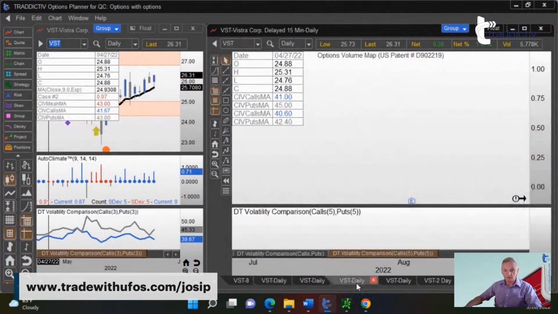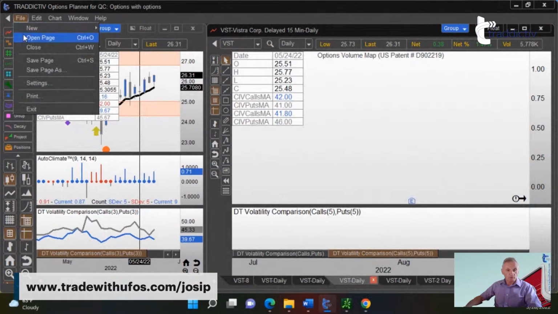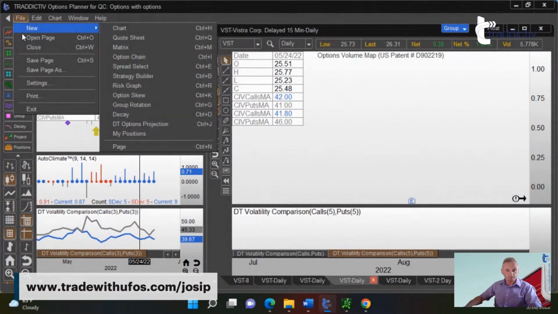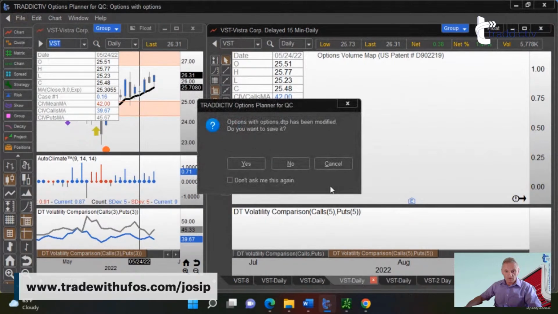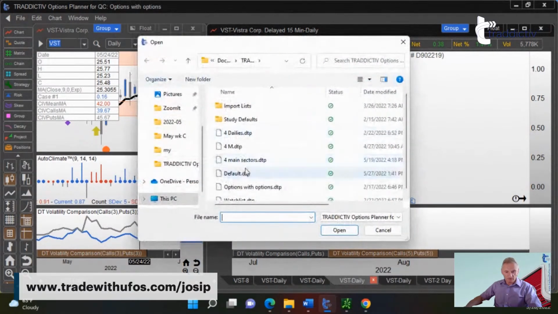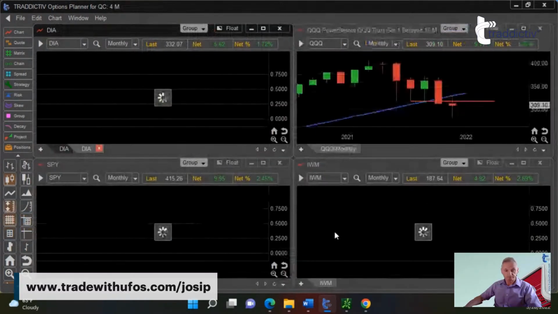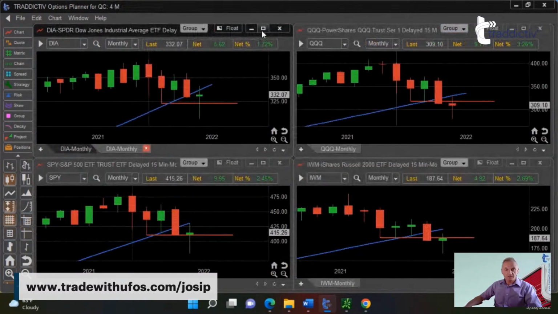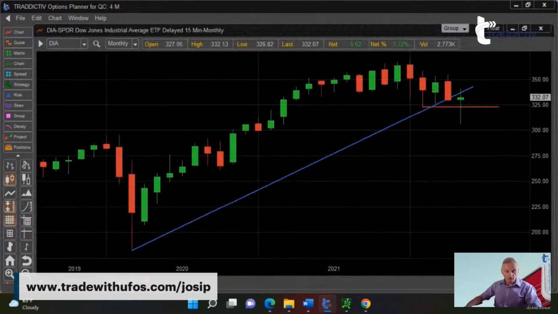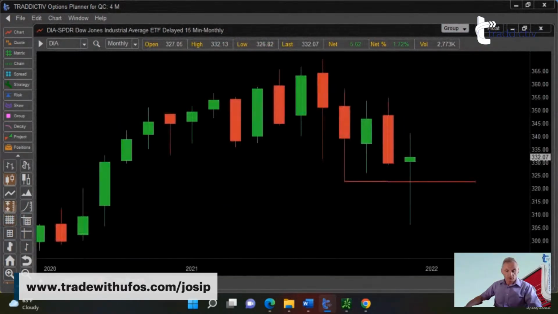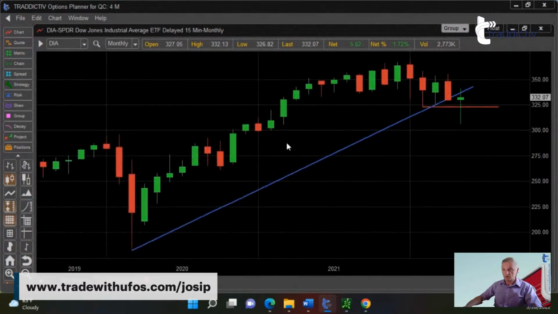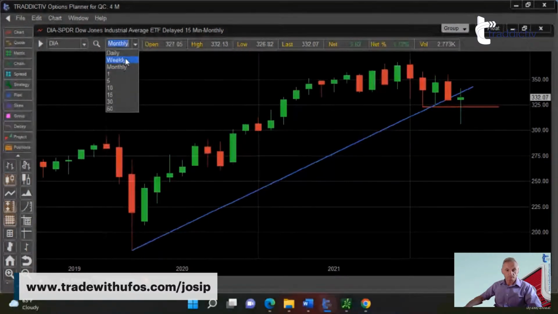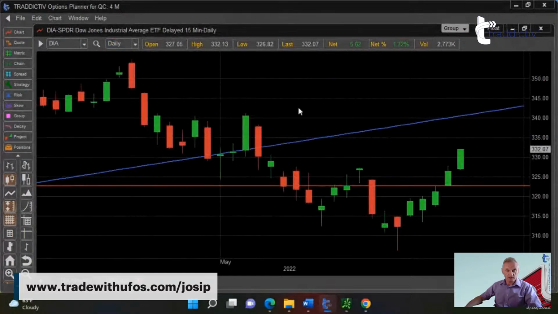When you go to the platform and pull up the diamonds that I have open here, because I was looking at the monthly just before we started the session, I decided to add a study to it. One of the ways to add a study is to switch to the daily time frame.